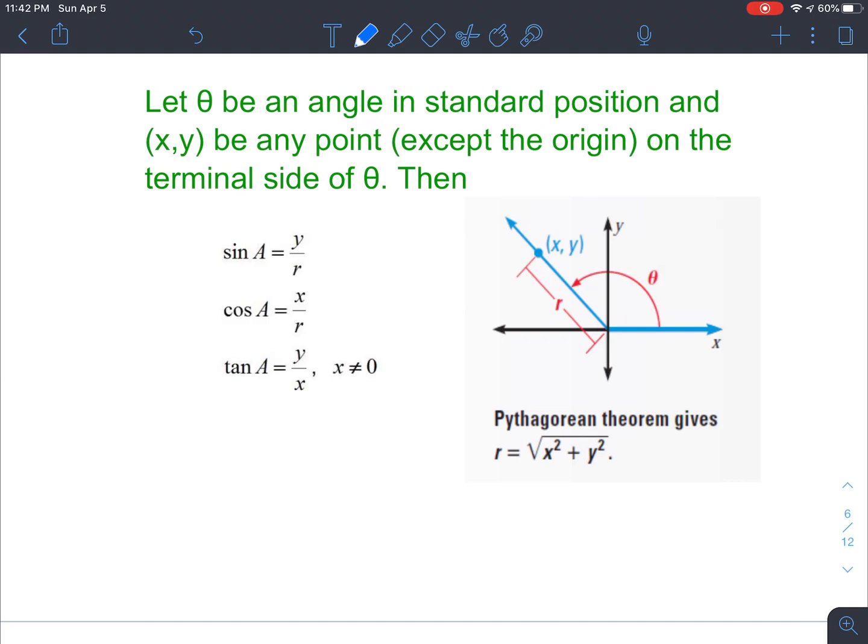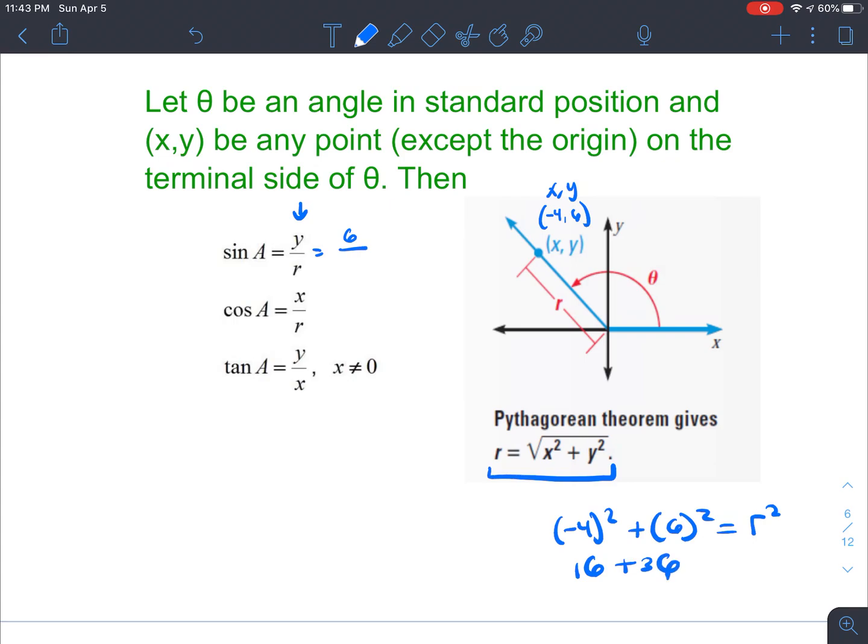So if we're given a point and we can identify the x and y, we can identify our sine, cosine, and tangent by first plugging them into the Pythagorean theorem and finding the third side, and then plugging them into these formulas, right? So if this was the point, I don't know, negative 4, comma 6, right? My y value being 6, my x value being negative 4, my sine would be 6 over r, where negative 4 squared plus 6 squared is equal to r squared.